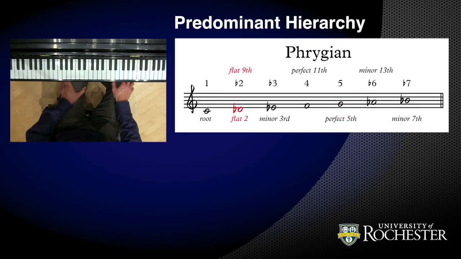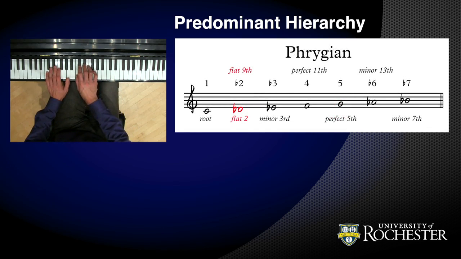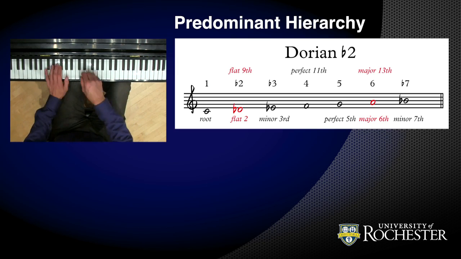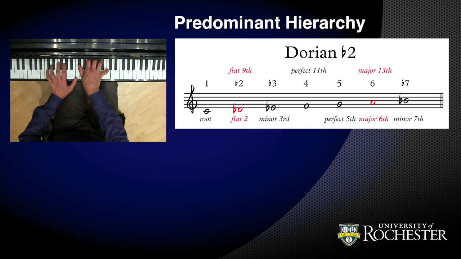Next intermediary mode is Phrygian. With the characteristic note beauty mark on flat 2. And finally, we have Dorian flat 2. So again, we have a natural 6 as a part of the Dorian collection and flat 2 as the secondary beauty mark.